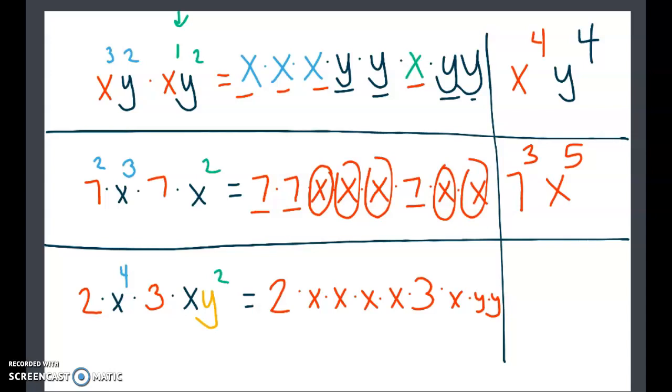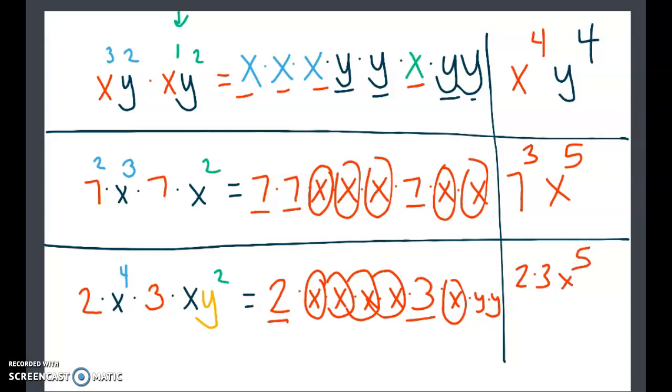So you'll notice that we only have 1 copy of 2, so we would put that first because in standard form we always put our coefficients that are numbers first. Then we have another number, which is just 1 copy of 3. So then we would move on to our x's, and we have 1, 2, 3, 4, 5 copies of x.